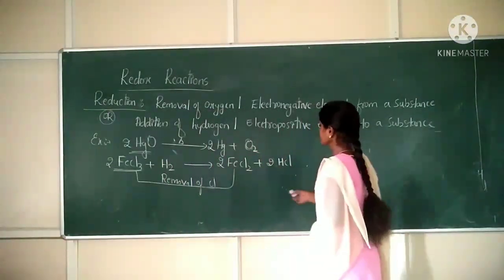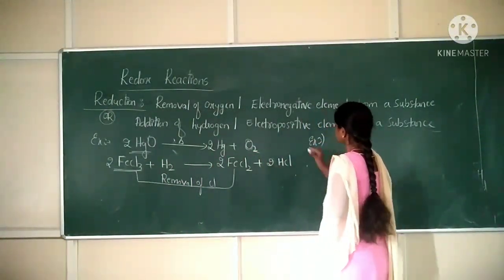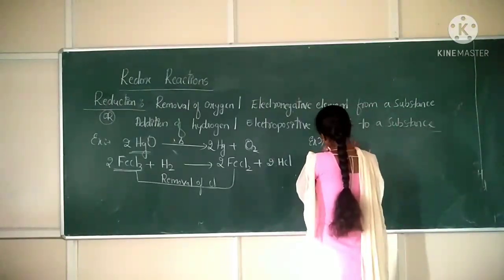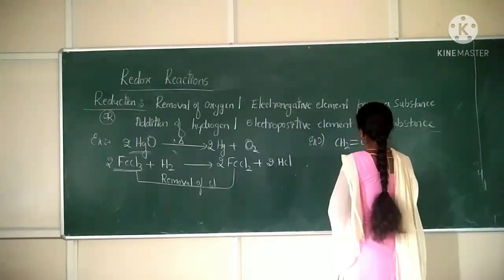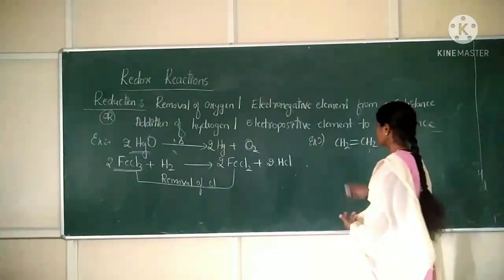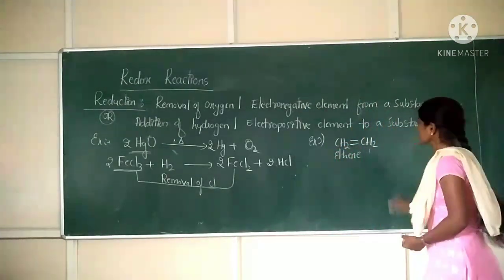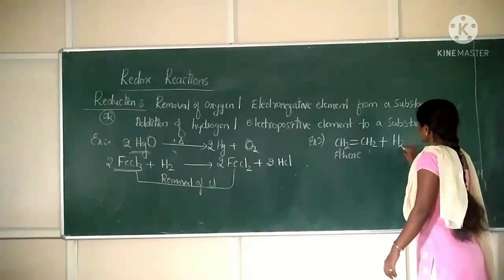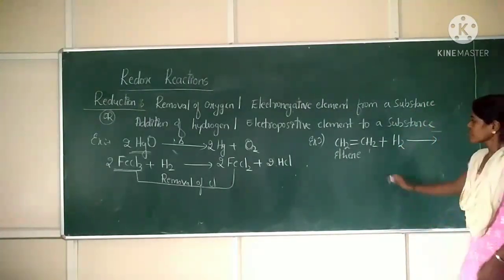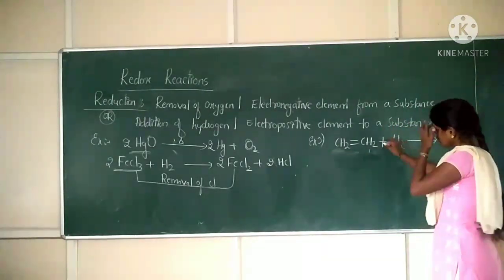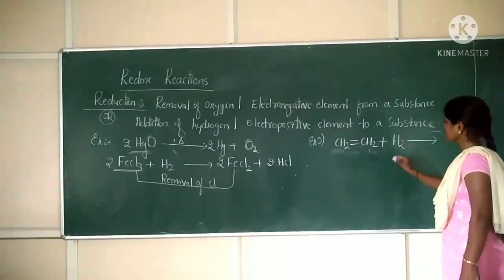Now take the third example. CH2 double bond CH2. So this is ethene. Ethene reacts with what? H2. What are we doing here?